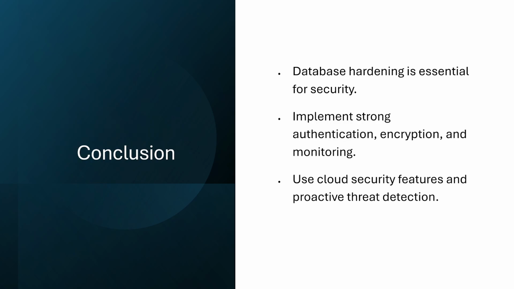In conclusion, database hardening is essential for security. Implementing authentication, encryption, and monitoring are key things for keeping your data safe. Database hardening is essential because you don't want your data to get out there.